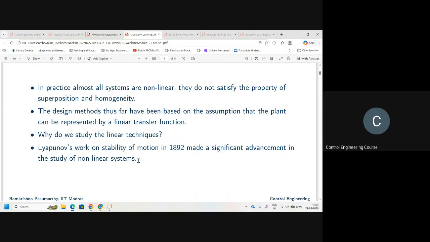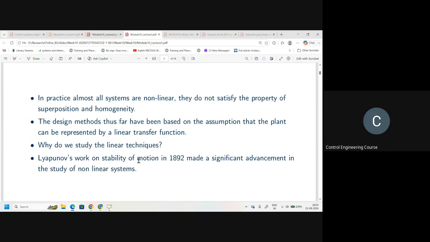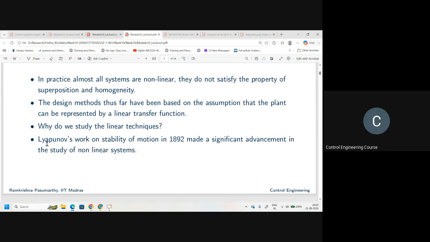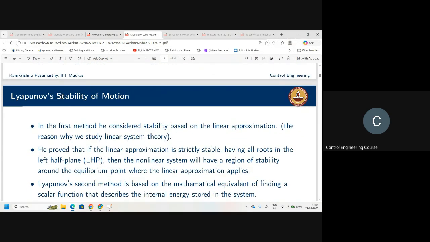Before going through the linearization technique, he has given some motivation based on the work of Lyapunov. Lyapunov's stability is for analyzing the stability of a nonlinear system. We actually have two methods in Lyapunov stability. One method is based on the linearization of the system. The first method is based on linearizing the given nonlinear system around the equilibrium point.